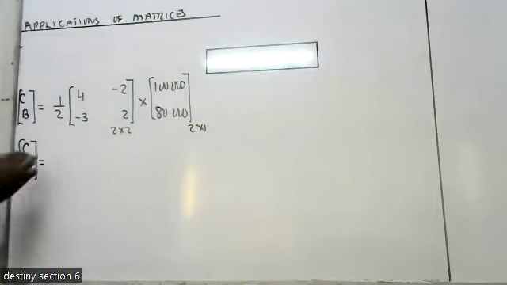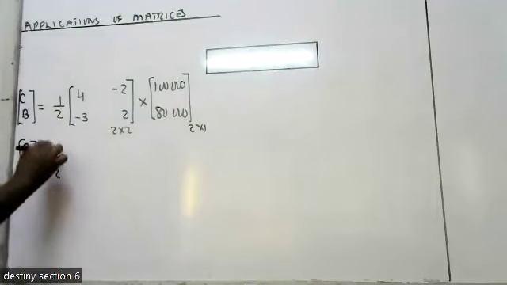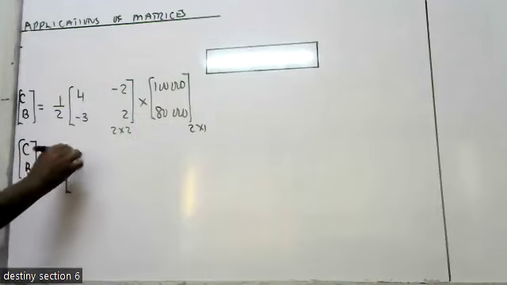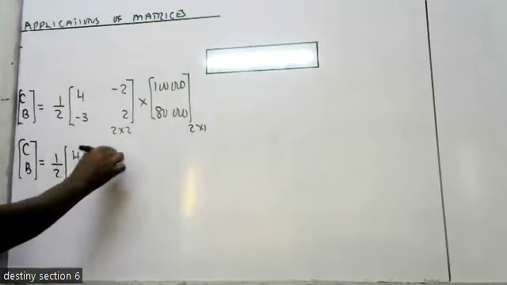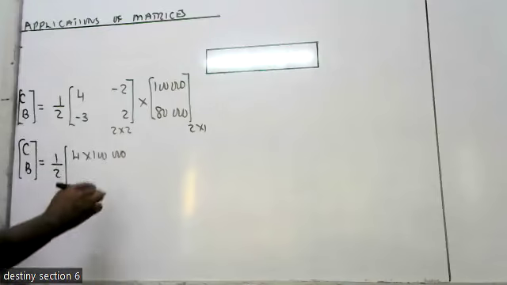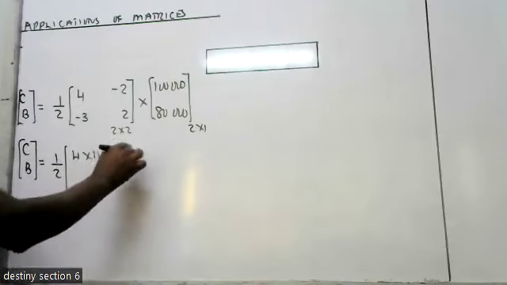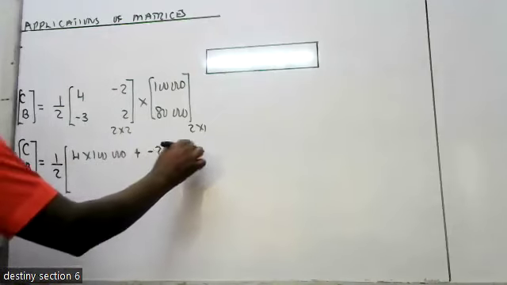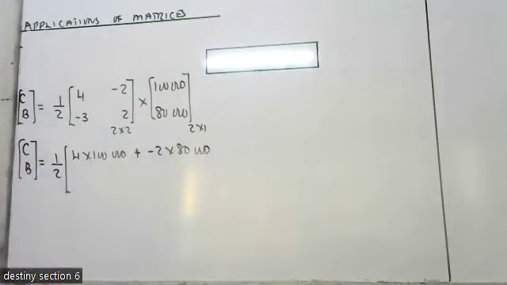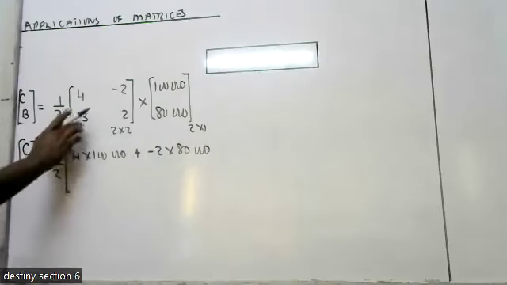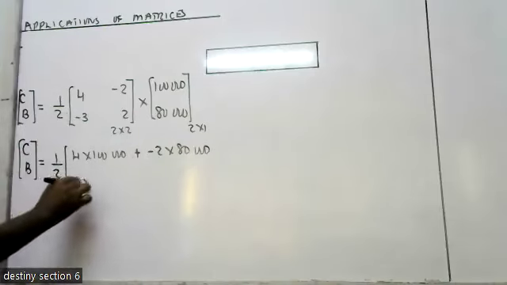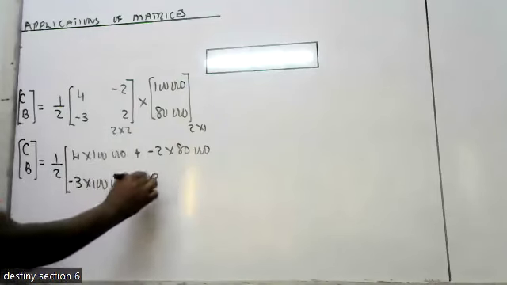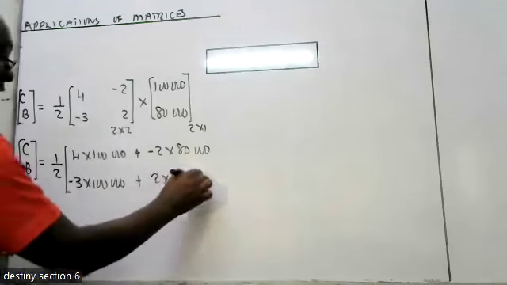So when I start to multiply, it will be 1 out of 2, 4 times 100,000 plus minus 2 times 80,000. And then minus 3 times 100,000 plus 2 times 80,000.